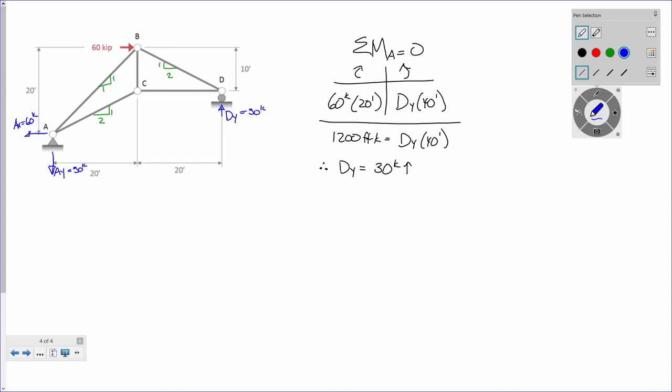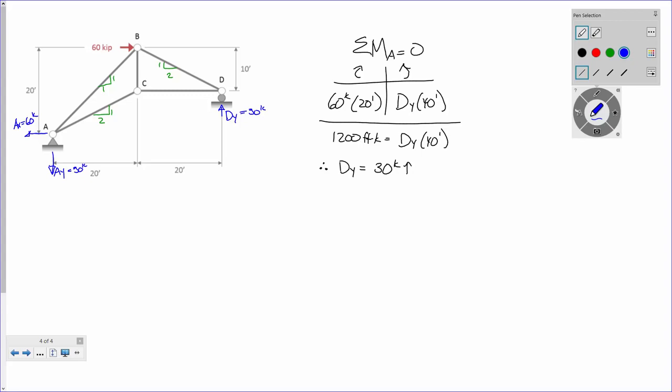Now, when you do method of joints, you have to start off at a location where you only have 2 unknowns, because the difference between method of joints and method of sections is that when you're doing method of joints, all your forces meet at the same point. So because of that, you don't have sum of moments. Sum of moments doesn't work for you because all the forces go into the same point. There are no moments. So we have to pick a truss joint that only has 2 members to start.